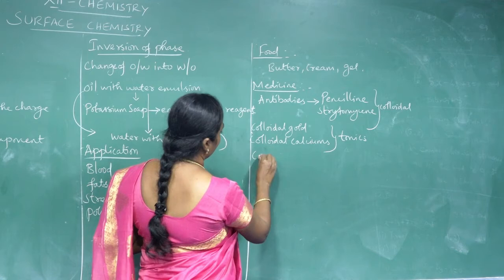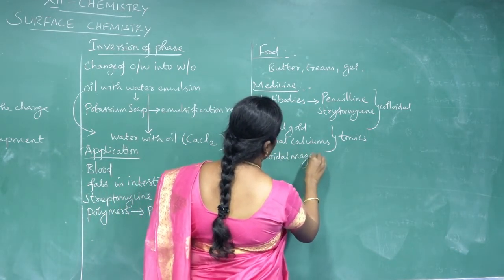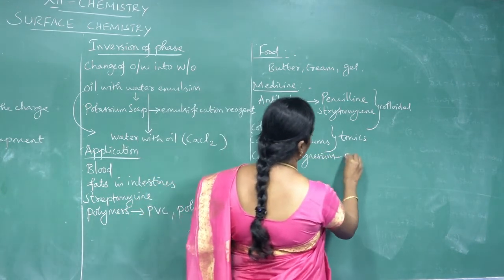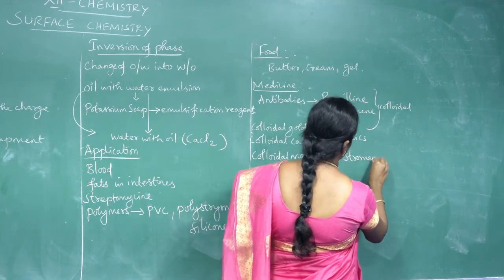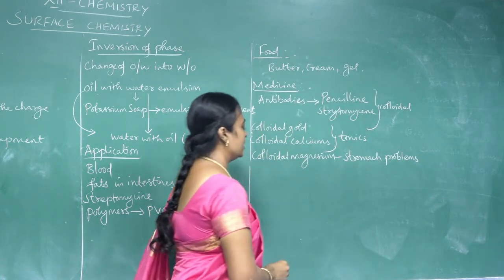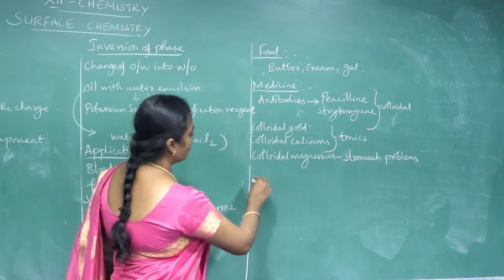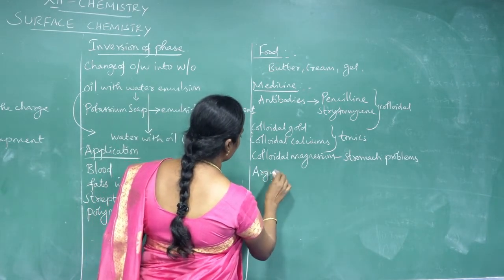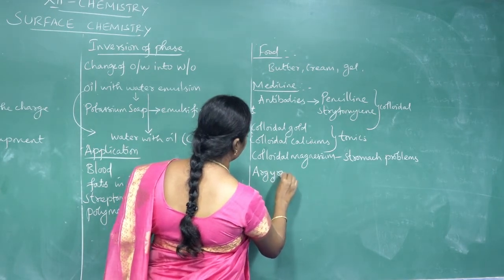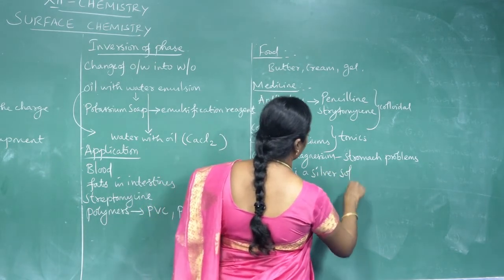And same way, colloidal magnesium is used for stomach troubles. If you have some stomach problems, we can use the colloidal form of magnesium. And argyrol is a silver salt.